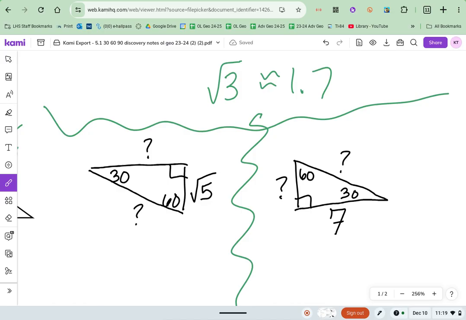So that's your short side, so that's going to go right there. And then you'll multiply times 2. Well, inside multiplies with inside and outside with outside. So the 2 is outside, so it's going to be multiplied by the 7. So it'd be 14. And then that just stays.